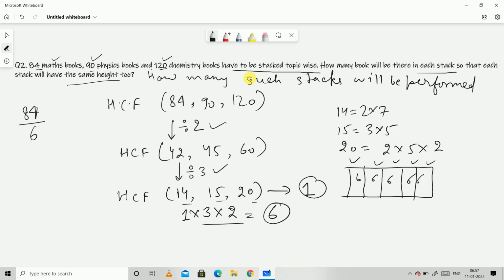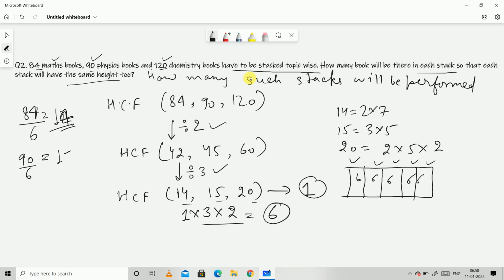Obviously we'll divide 84 by 6. So what you are going to get then? Sorry, not 12 but 14. Okay, so there will be 14 stacks which will have the maths books. Similarly I'll divide 90 by 6. So what I'm going to get is 15.